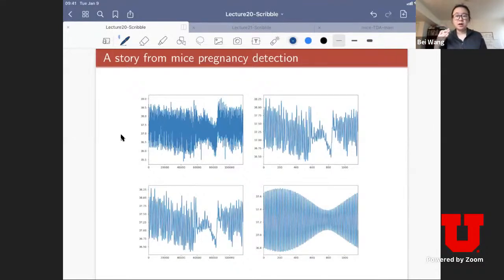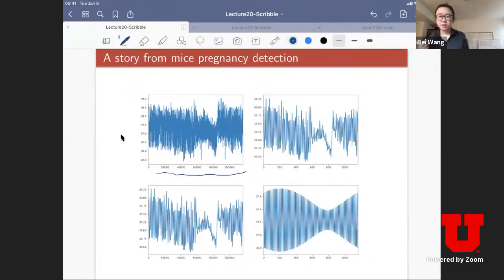What I'm showing is a segment of the body temperature measurement for a mouse subject before, during, and after pregnancy. On the upper left corner is the original raw temperature data.